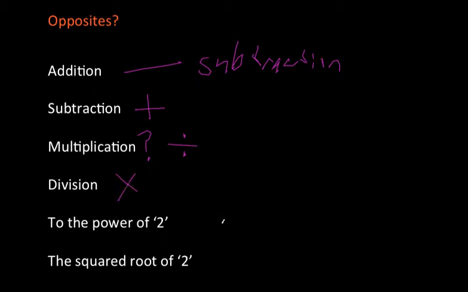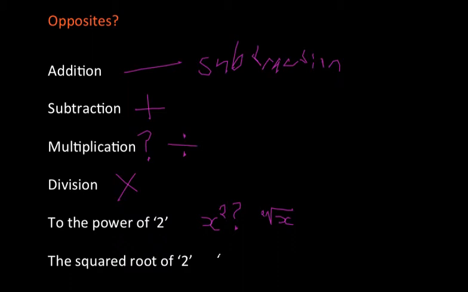Now, what is the opposite of something to the power of 2? For example, x to the power of 2. What's the opposite of that? The opposite would actually be the square root of x. And the same goes for the square root of 2, or the square root of x.